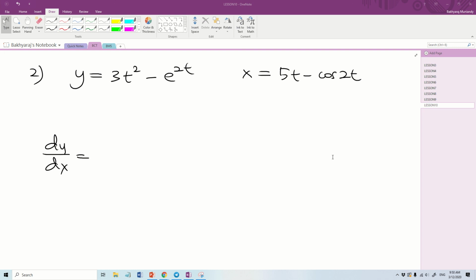Okay, try this. y equals 3t squared minus exponent 2t, and x equals 5t minus cos 2t, and what we want is dy/dx in terms of t.